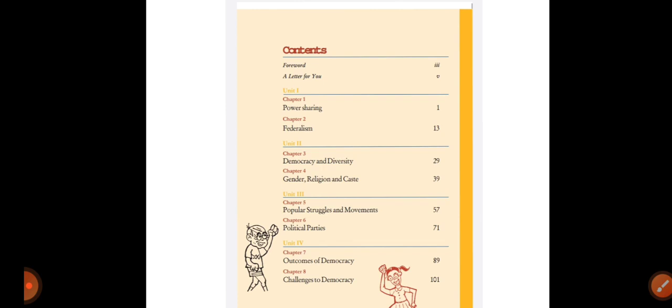So in total we have 8 chapters in the book, but not all of them are required for the board examination. However, the chapters not included in the final examination have to be read for the internal examination conducted by the school.